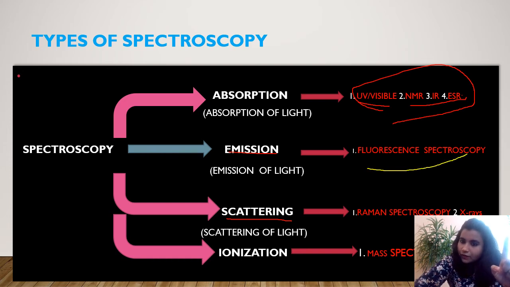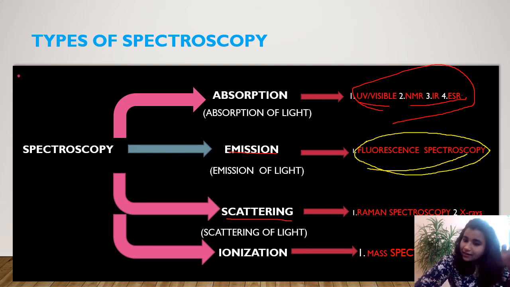So this we call fluorescent spectroscopy. So fluorescent spectroscopy basically shows emission, right? And if we talk about scattering, on the basis of scattering there are two types of spectroscopy, Raman spectroscopy and X-rays. They scatter light in different directions, right?